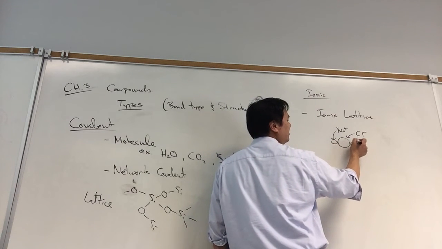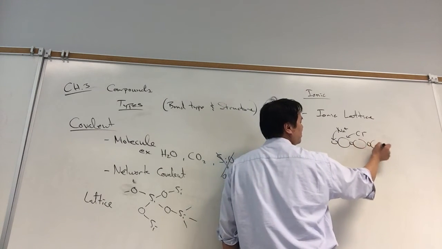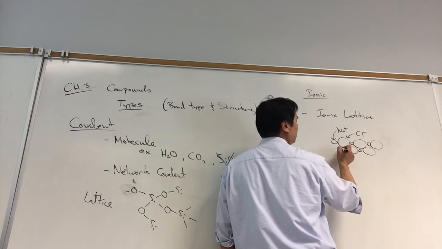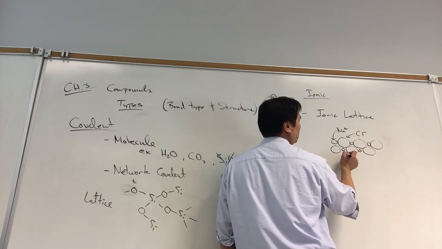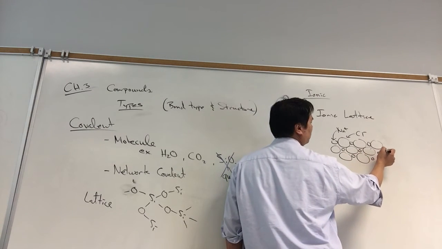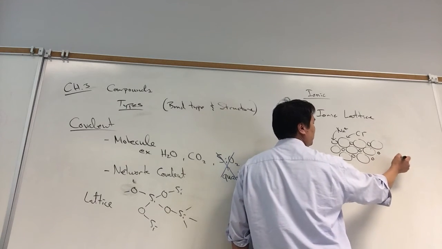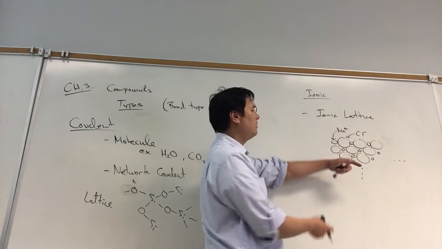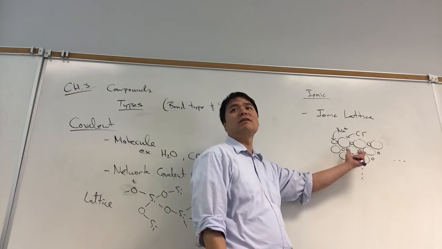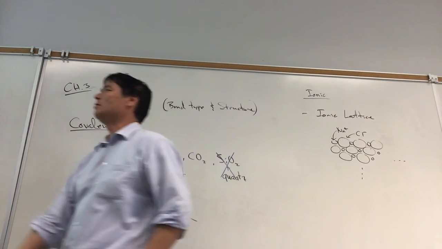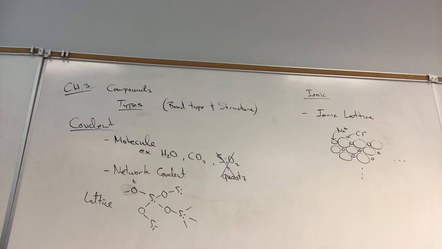But it just doesn't terminate as one sodium chloride molecule. What happens is these charged spheres, these electrical interactions, just continue on and on. And so we build up a three-dimensional lattice like this. And so we don't have a discrete sodium chloride molecule. We have a lattice of sodium ions and chloride ions building up a three-dimensional crystal like this.